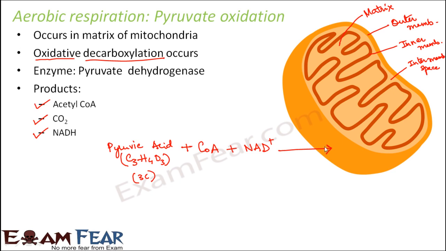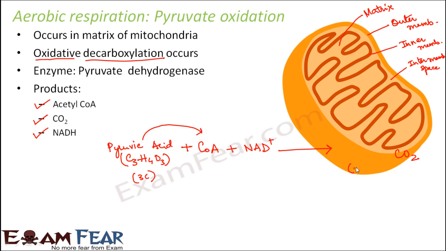And this results in the formation of acetyl coenzyme A. Basically the acetyl group of the pyruvic acid will join with coenzyme A. Since decarboxylation will happen, carbon dioxide will be released. So one carbon is removed from pyruvic acid.